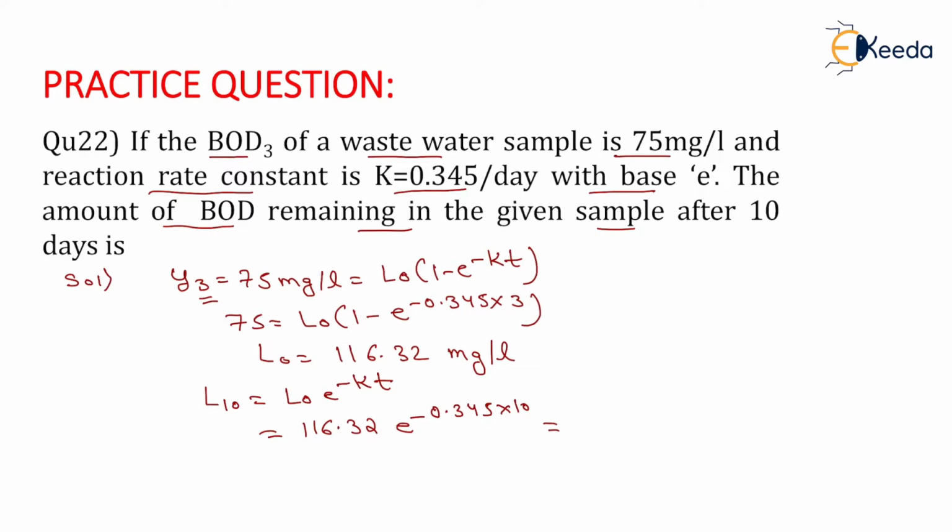Just solve this equation, that is minus 0.345 into 10, e to the power answer, into 116.32. It will be equal to 3.69 milligram per liter. That will be the remaining BOD of the given sample after 10 days, that is L10 equals 3.69 milligram per liter. Okay students, now moving to the next question.